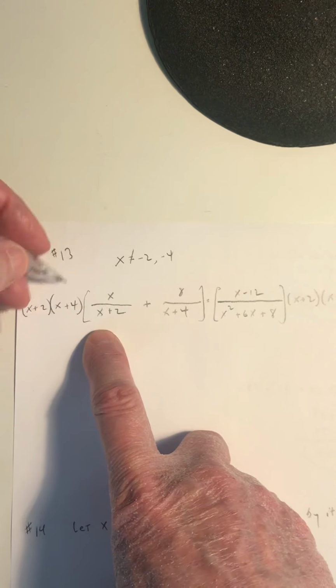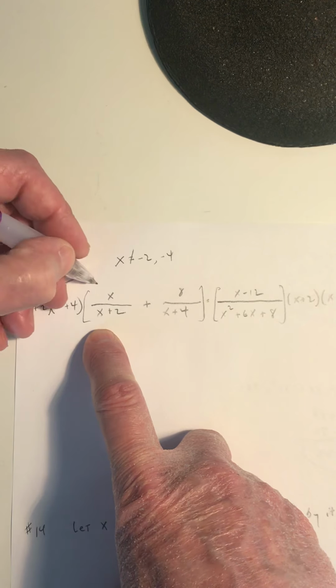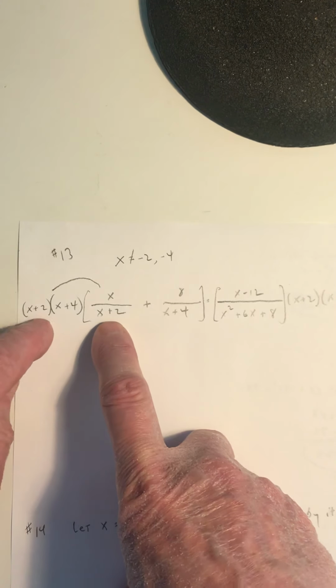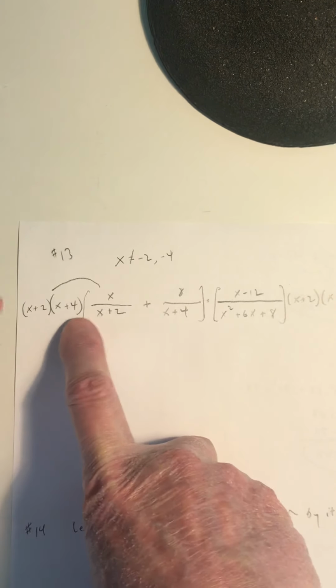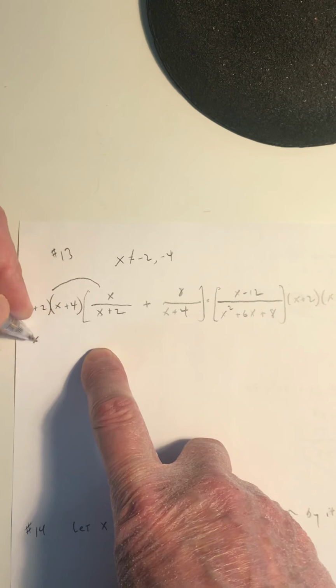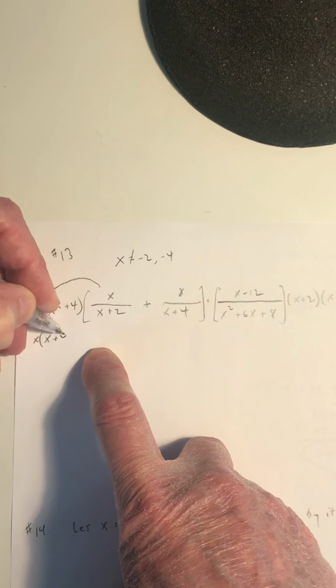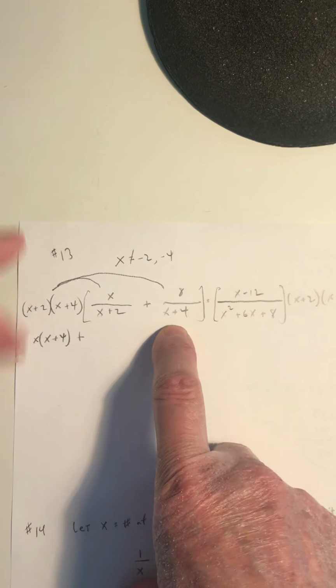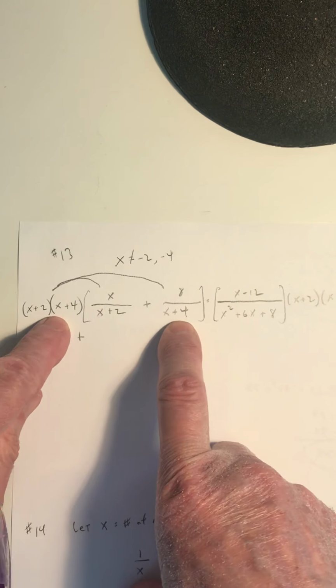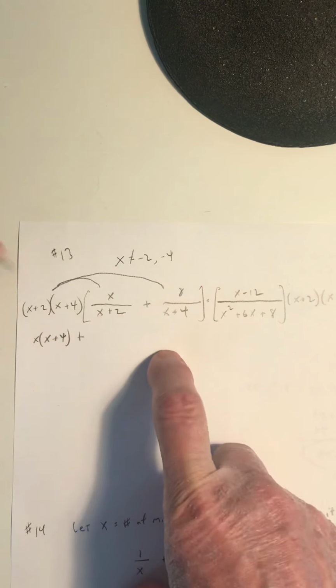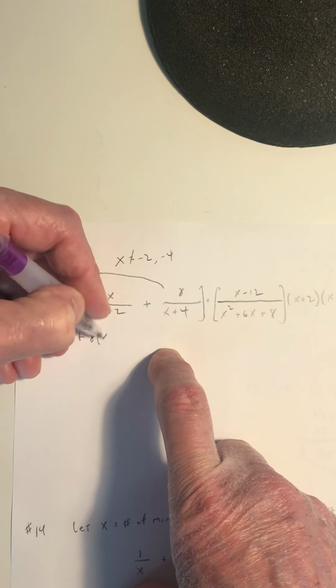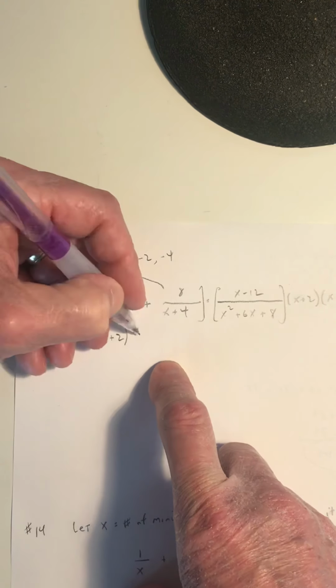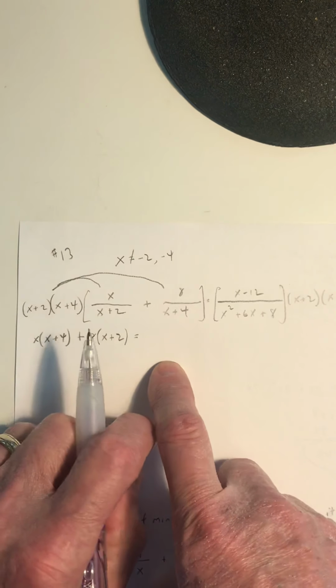I'm using the distributive property. First, I'm multiplying this times this. And the x plus 2's cancel, and we still have an x times x plus 4. Then plus, multiplying these together, the x plus 4's cancel. We still have an 8 times the x plus 2. Takes care of the left side.